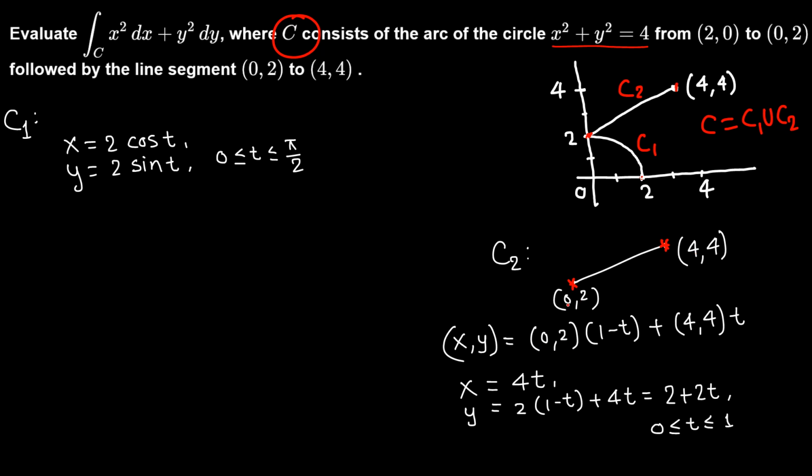To find x, we multiply 0 times 1 minus t, which is 0, plus 4 times t, so x equals 4t. Now y is the second component: 2 times (1 minus t) plus 4 times t, so 2 minus 2t plus 4t, that's 2 plus 2t, and t runs from 0 to 1.